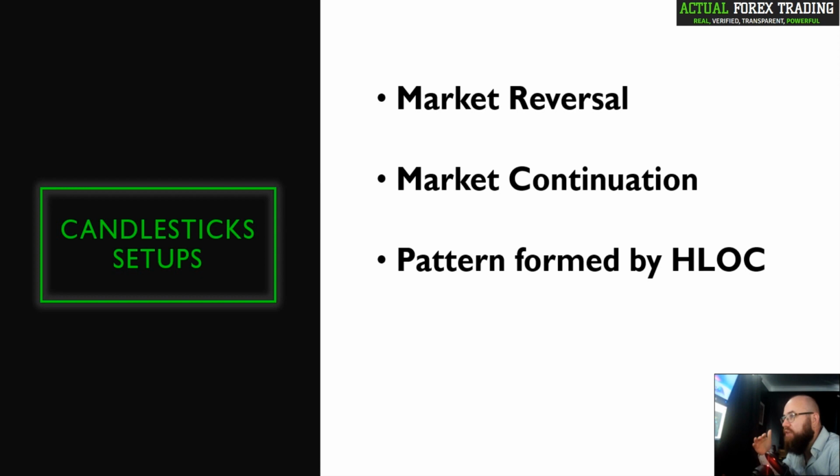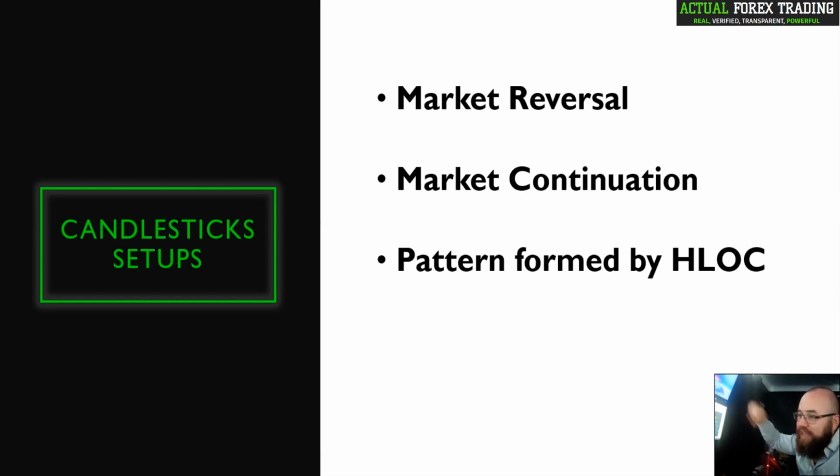They can show market reversal. They form a certain pattern and it can signal a potential market reversal. If price is coming up, it could signal that price is about to come down, or vice versa. They can also show market continuation. If price is coming up and you see a specific candlestick setup, that can signal that price is going to continue moving up, that the euro US dollar is going to continue its appreciation.